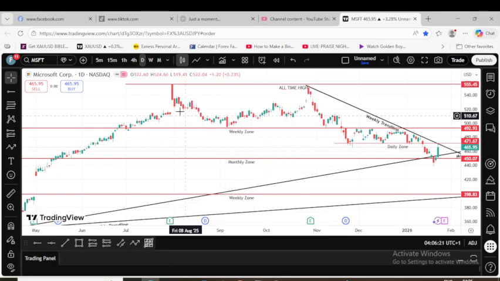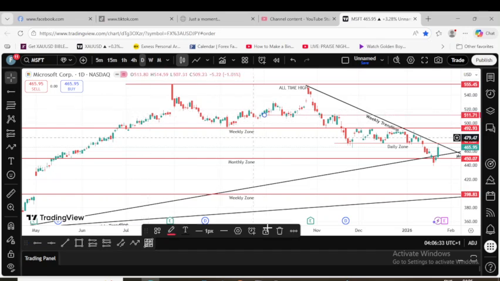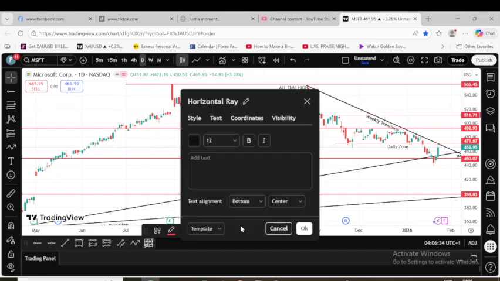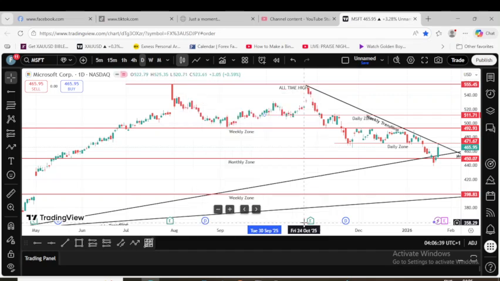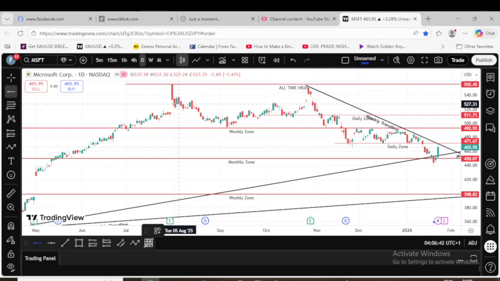We have a zone here. And we have another daily zone. Okay, so those are our daily zones.